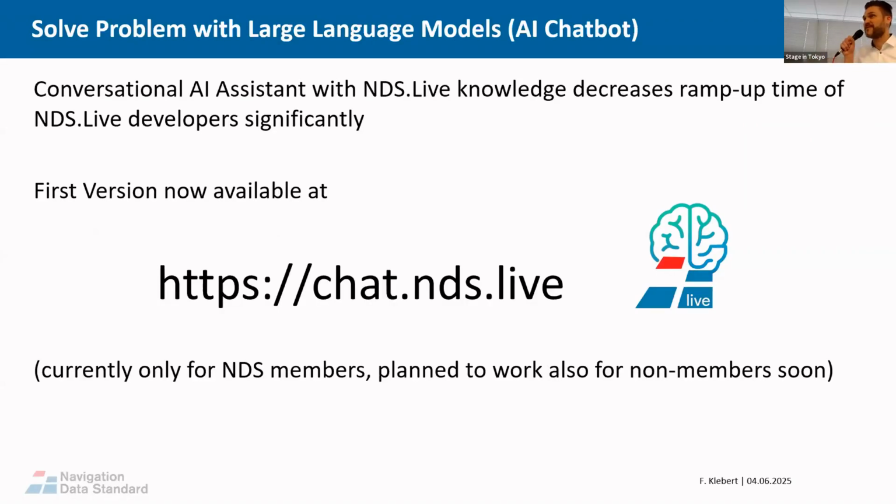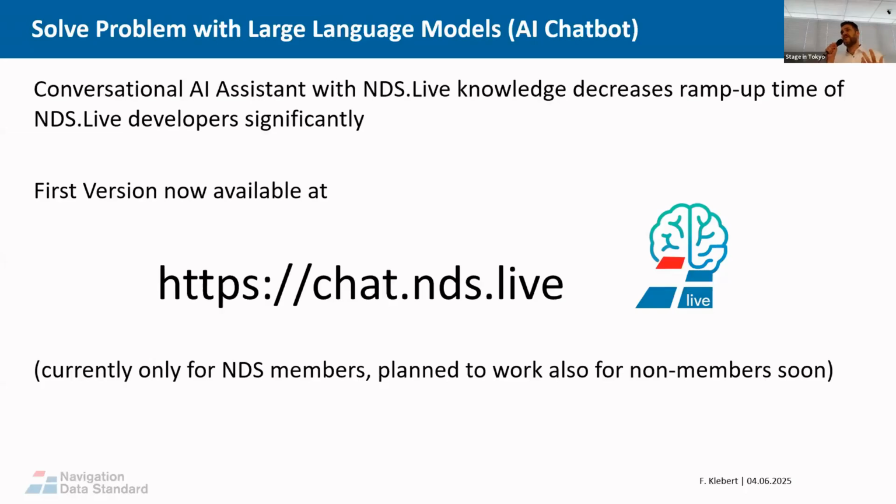So the idea is, of course, to solve the problem with a large language model, also known as an AI chatbot. We have built a conversational AI assistant that actually has NDS Live knowledge.